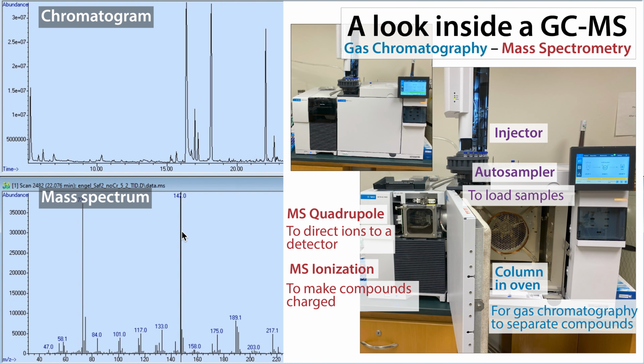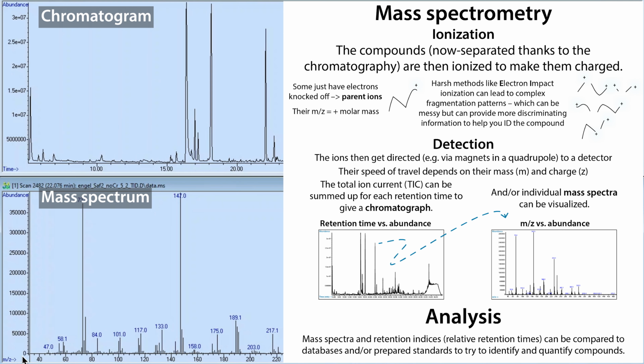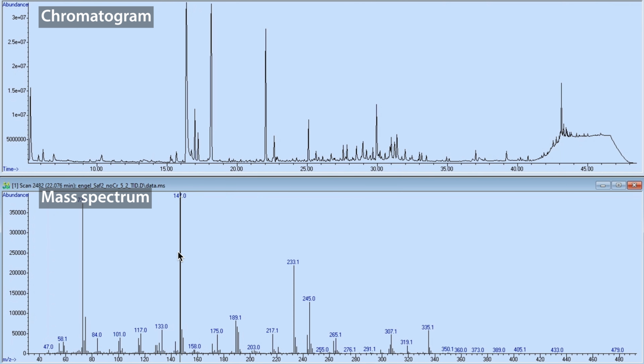We have a quadrupole detector, so it uses magnets to send those ions traveling to the detector. They will travel at a speed that is dependent on their mass to charge ratio, this m/z. In this way, even though the ions came out of the column at the exact same time, you're able to separate them and measure their mass to charge.